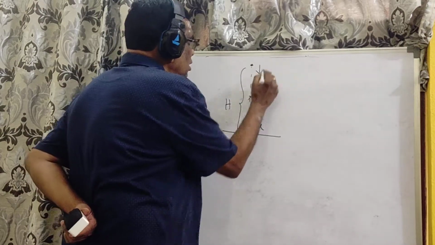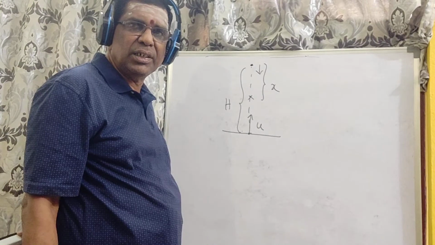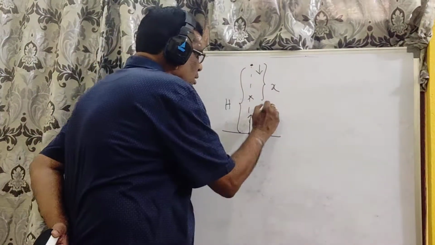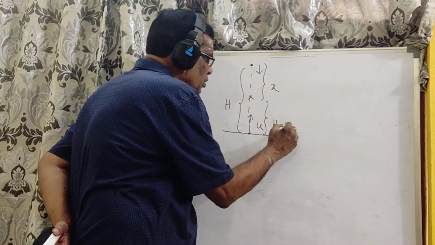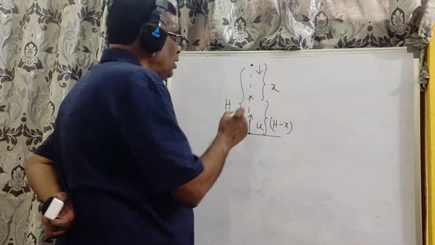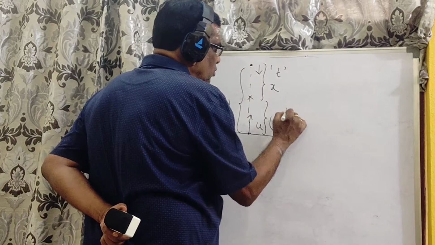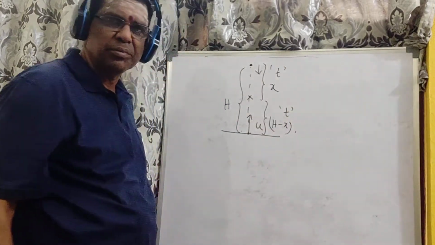Let me, as usual, let the displacement of the dropped body be x. Therefore, the displacement of this one is bound to be h minus x. Now, in the first case, let it take a time t, therefore this will also take a time t.